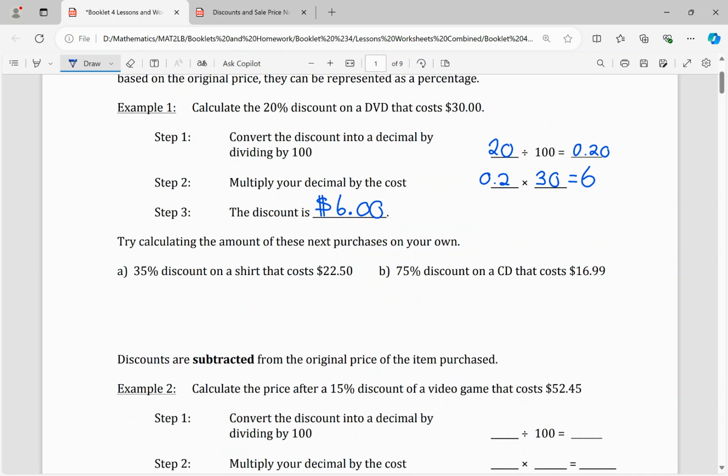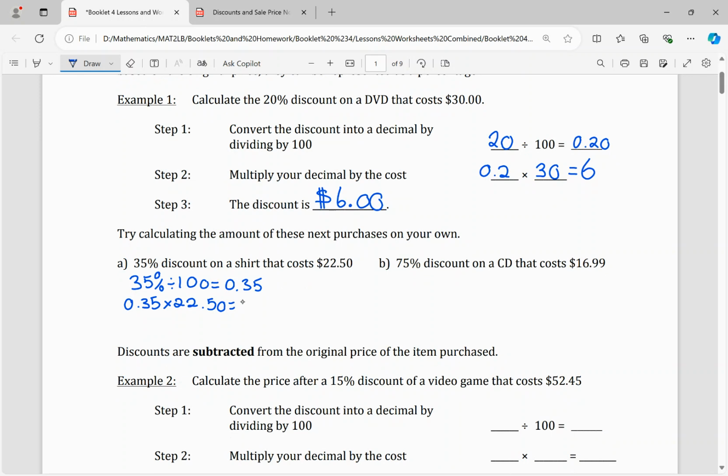Example: a 35% discount on a shirt that costs $22.50. First things first, 35% divided by 100 is equal to 0.35. So we take this 35% in decimal form, we multiply it by the price of the shirt, and what we get is 7.875.